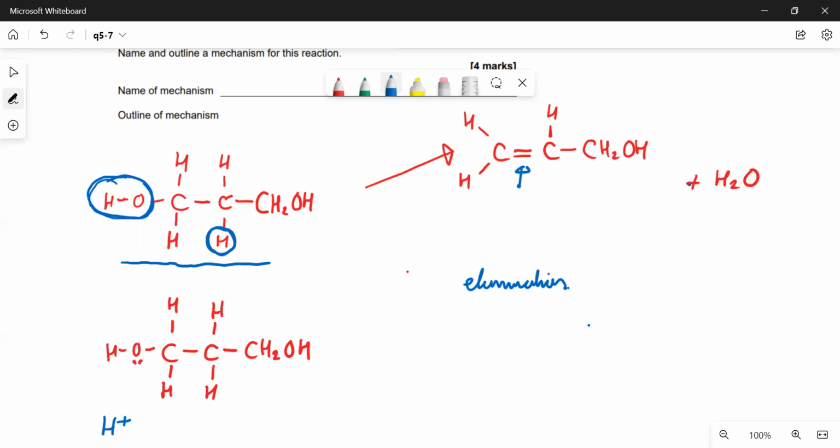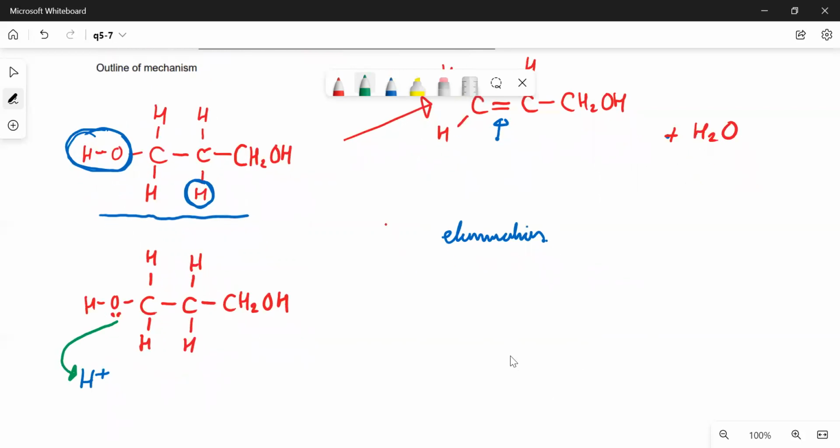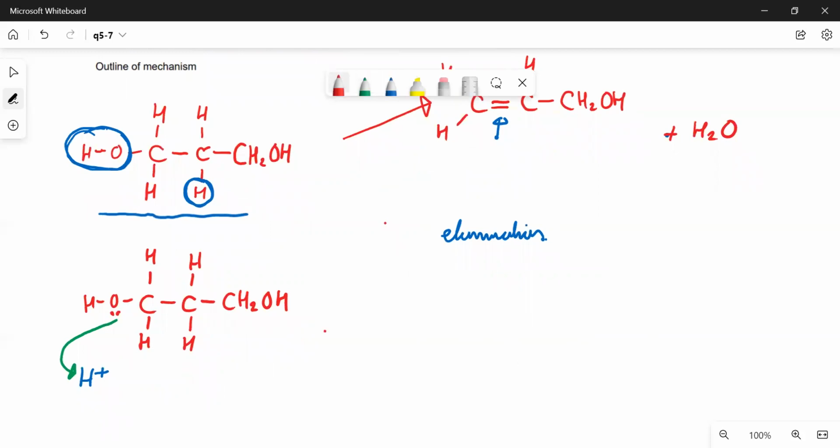Right, so the first step in the mechanism, we need an H plus catalyst. The lone pair on the OH is going to form a bond to the H plus. That's going to give us this intermediate. We've now got a positive charge on that oxygen, which makes it a lot easier to break the bond between that and the carbon.